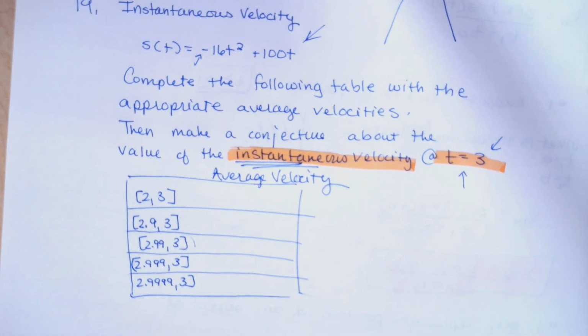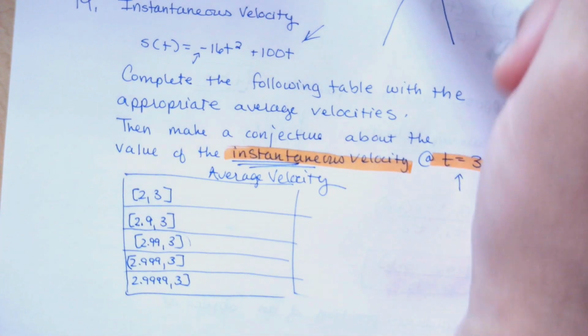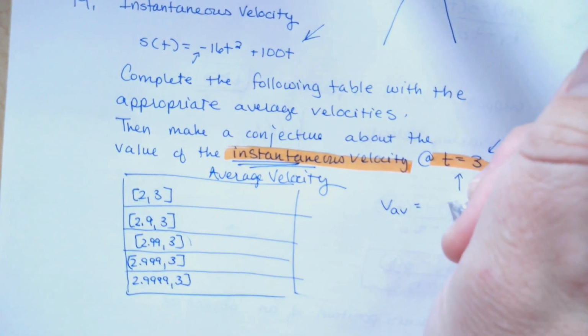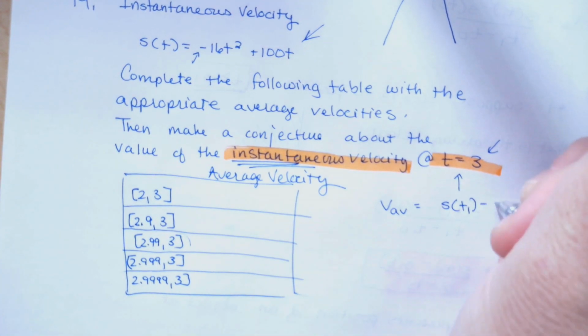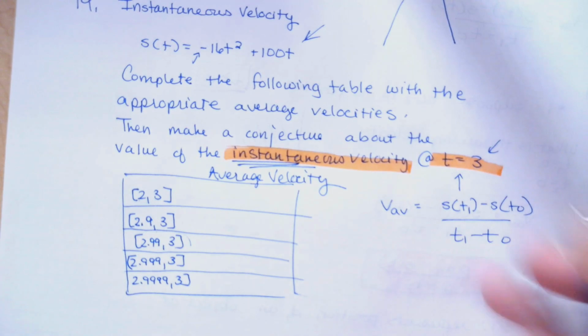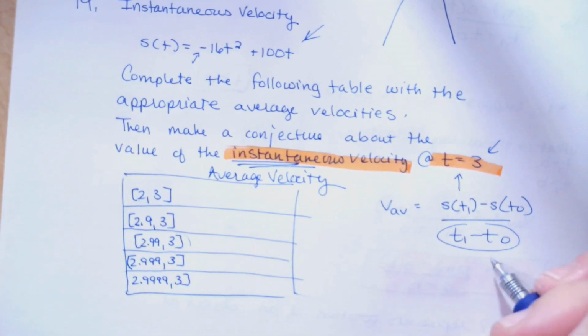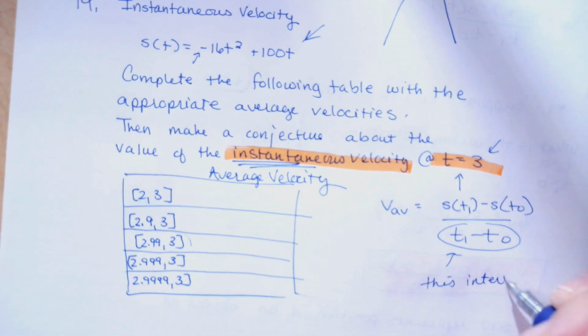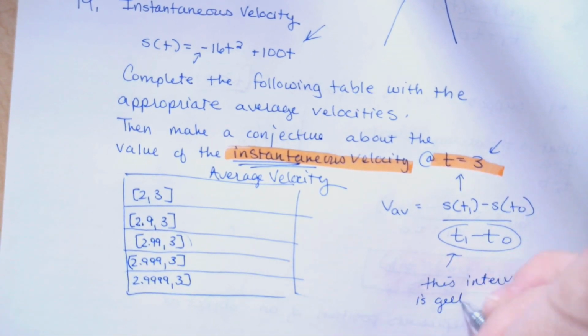And so this denominator, right, we have V average equals S of T1 minus S of T naught over T1 minus T naught. This interval is getting smaller and smaller.